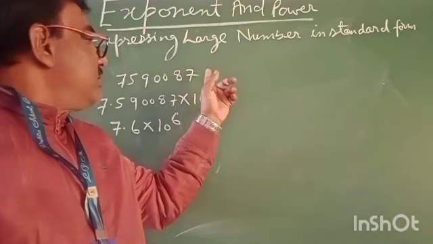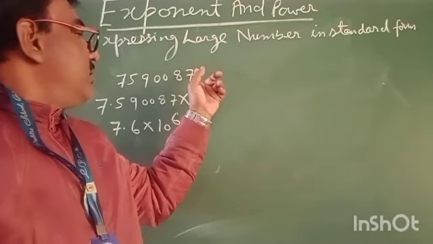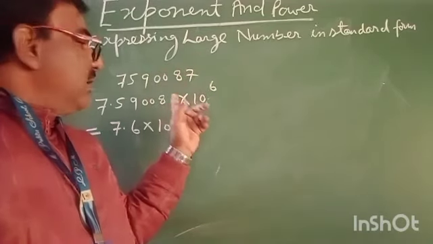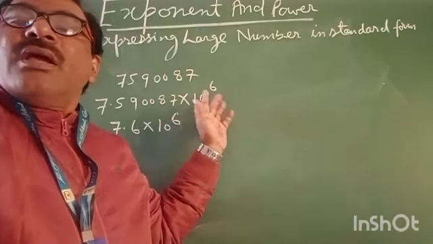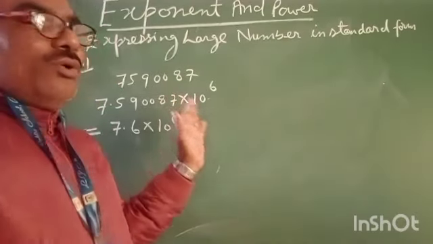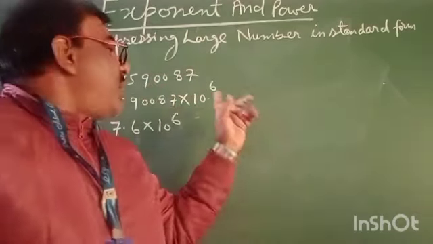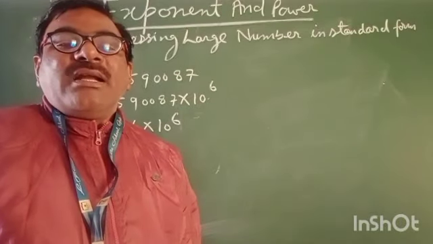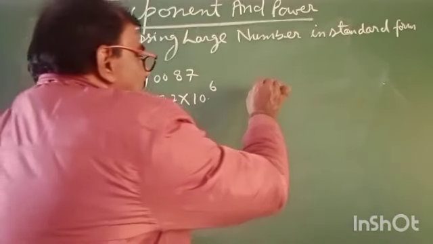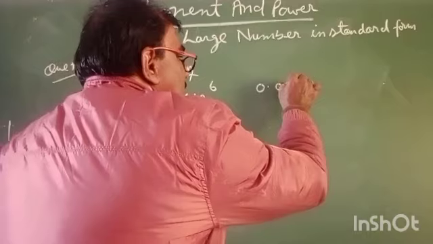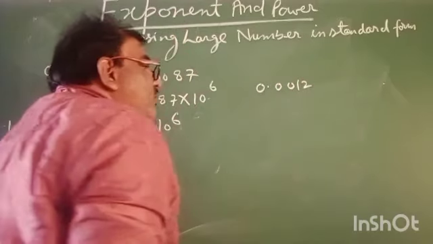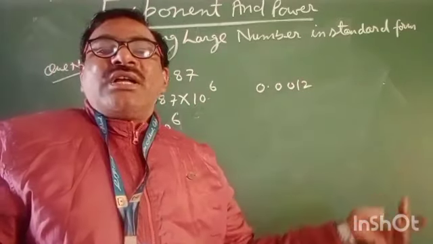When you transfer the decimal from right to left, then the power of 10 will be positive, and when you transfer the decimal from left to right, then the power of 10 will be negative. Suppose this number is 0.0012, and we have to write this number in standard form.